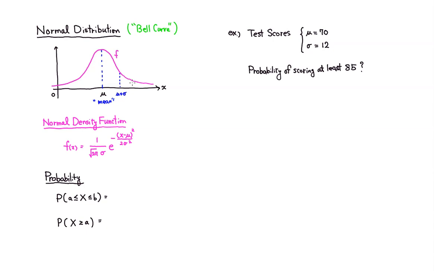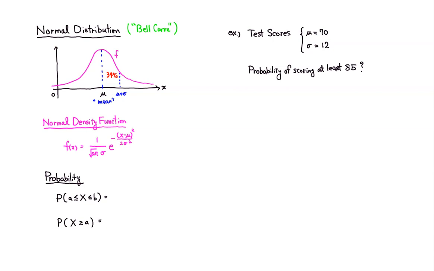And then we know that approximately 34% is going to be distributed here, between the mean and one standard deviation away.